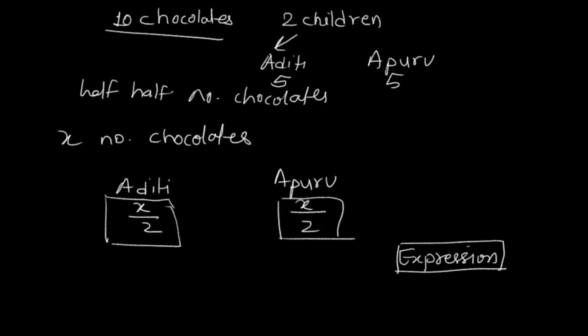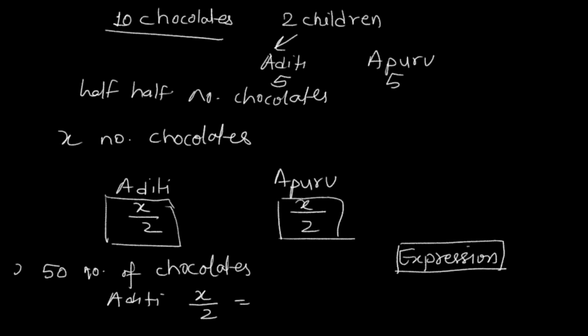Okay, so if my mother buys, let's say 50 chocolates, then Aditi will get x by 2, that is equal to, x equal to 50. We have x equal to 50.